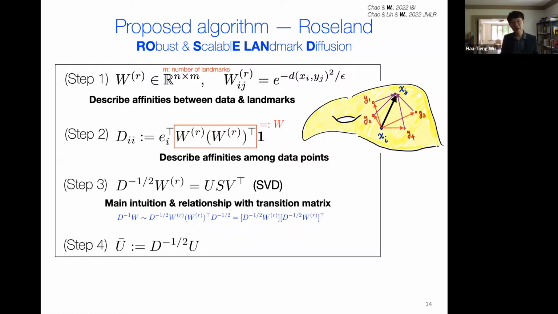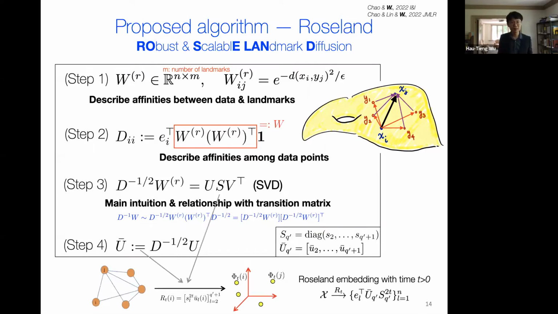So the SVD of D minus half WR gives you the eigenvectors and eigenvalues of D minus half W D minus half. To get back the eigenvectors of D inverse W, we just multiply D minus 1/2 in front. And so you get eigenvectors and eigenvalues of the diffusion matrix. Then you can just run the embedding, like the diffusion map embedding as before, but now we use this landmark-based diffusion result. So we call it the Roseland embedding this time.